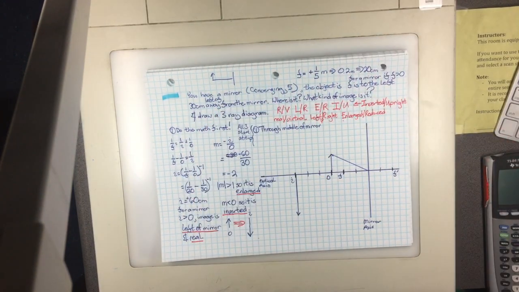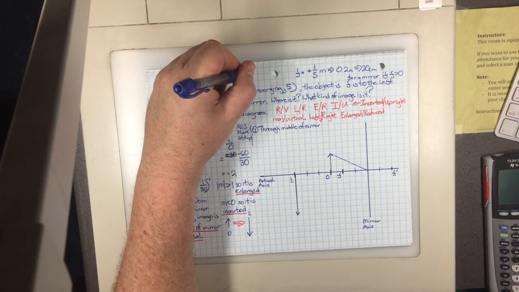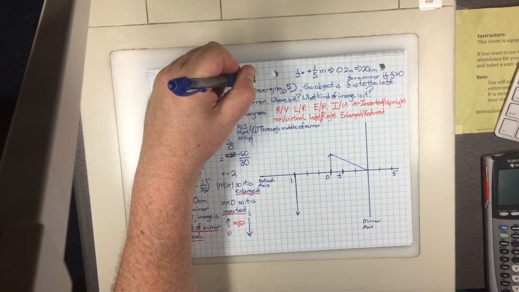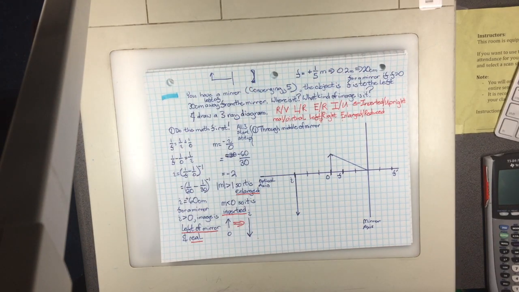Now, technically, the mirror looks like that. But it's very difficult to draw this thing accurately. So what I end up doing is I just draw a flat plane. It's the easiest way to do it. We're not that good in drawing ray diagrams with a curved mirror.